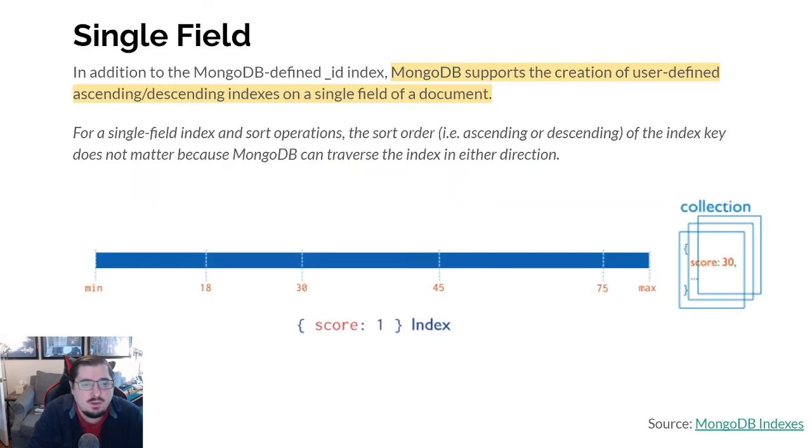Okay, so the basic one, which we've kind of seen already, is your simple single field index. Those are where you just say, I want to index this single field, like the score, the price, the name. And these are, as it turns out, the most common and oftentimes the most important ones, because they support your basic queries such as equality and range-based comparisons.